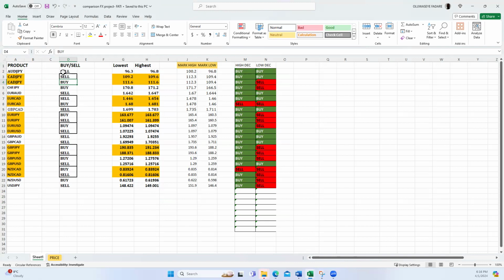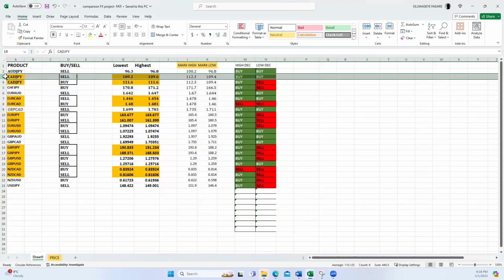Then from the prices of these sides, we are able to get the highest price and the lowest price of each of the products. Okay. Then this is the highest and the lowest prices for the month. So this determines what action will give us profit, whether to buy or sell.